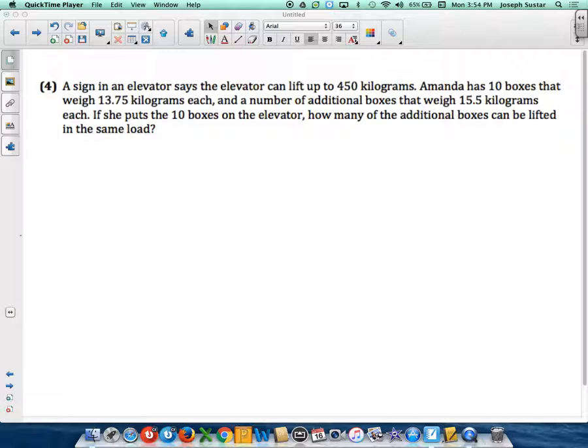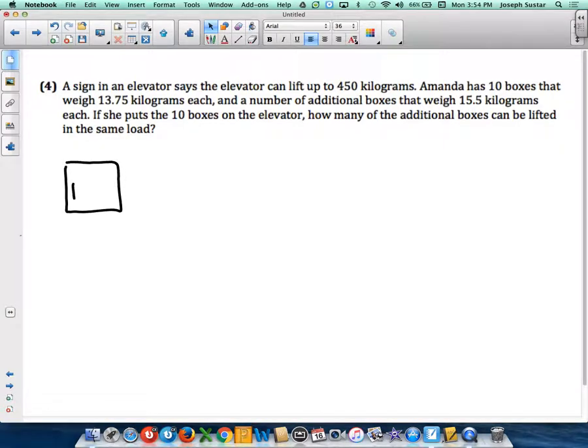So we start off with the 10 boxes that each weigh 13.75, and we know she has 10 of those.